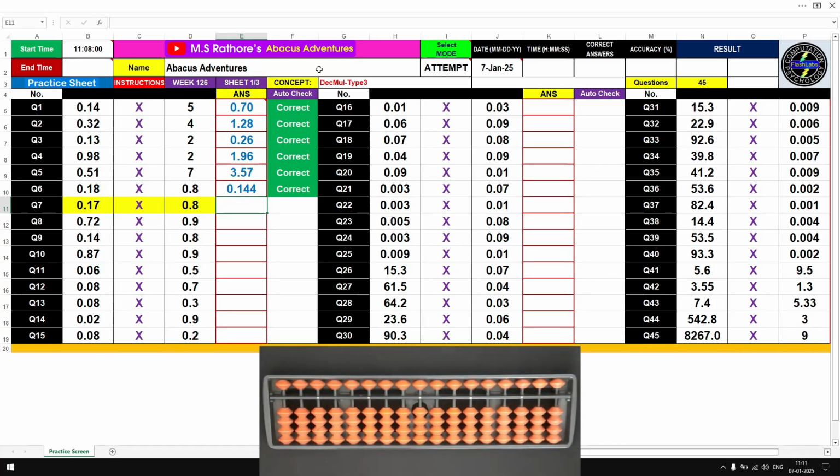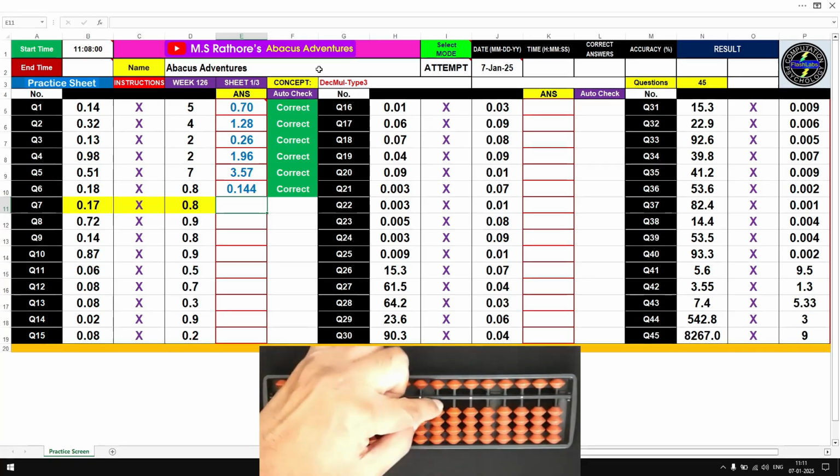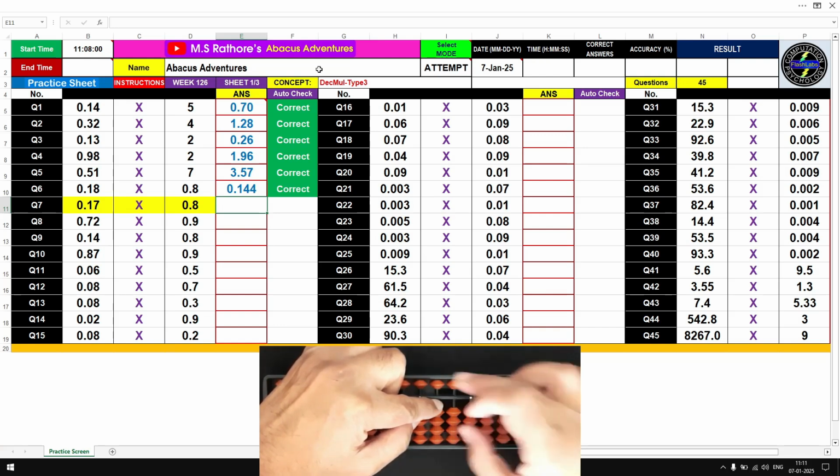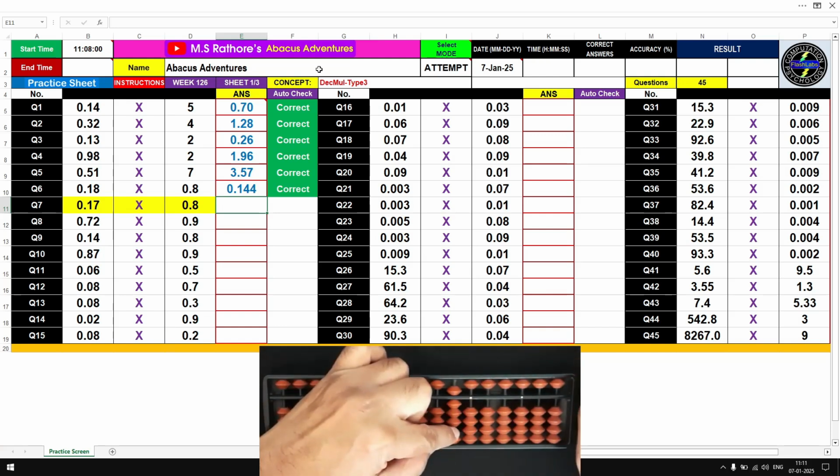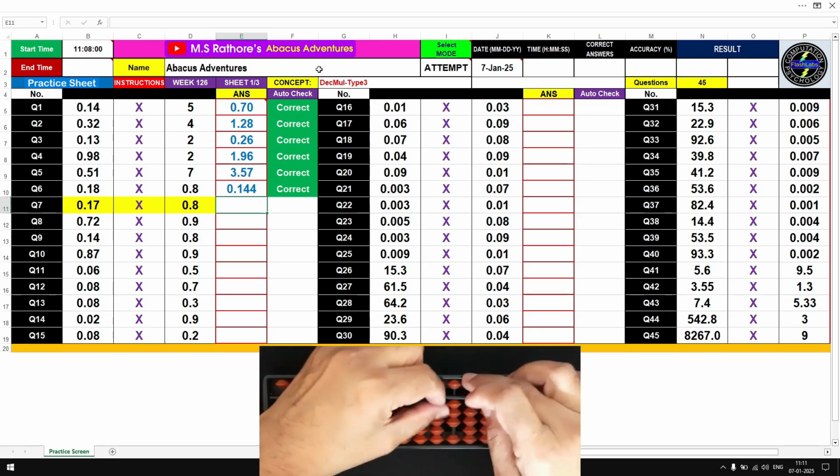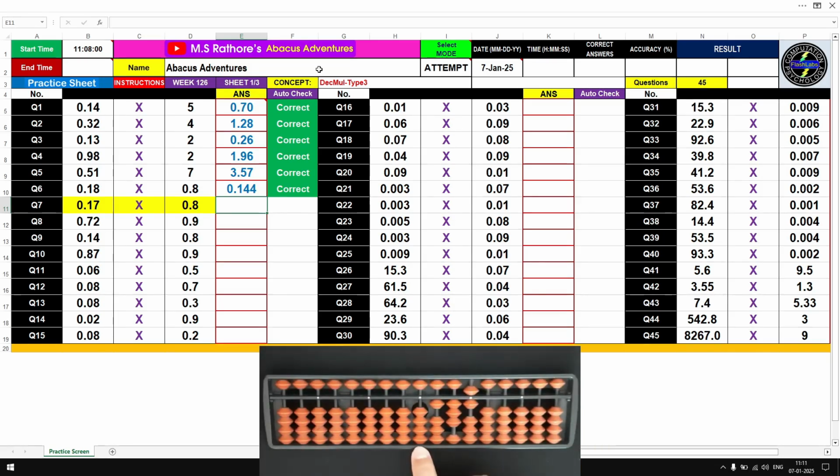Question number 7, 0.17 multiplied by 0.8. Let's begin from rod number 0. The question becomes 8 multiplied by 17. So 8 ones are 8, finger shifted, 8 sevens are 56. And the answer is 0.136. Question number 8, 0.72 multiplied by 0.9.